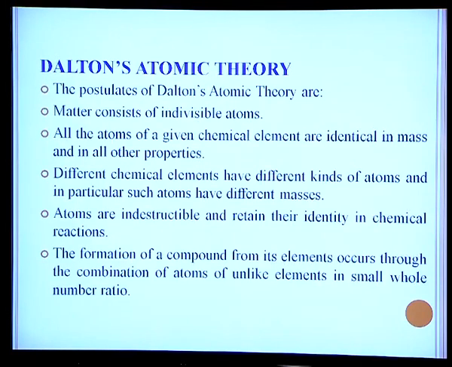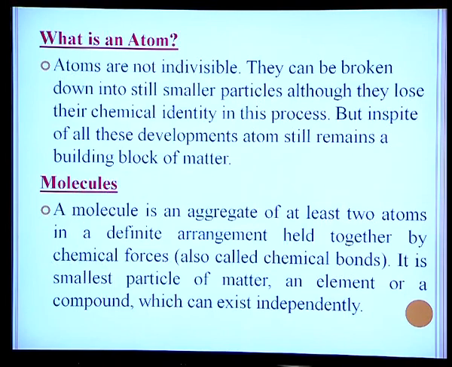Different chemical elements have different kinds of atoms, and in particular such atoms have different masses. Atoms are indestructible and retain their identity in chemical reactions. The formation of a compound from the elements occurs through the combination of atoms of unlike elements in a small whole number ratio.